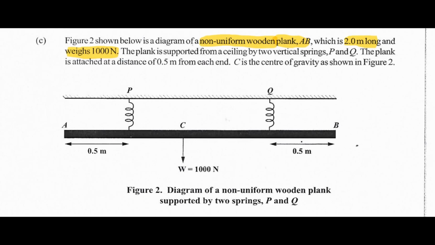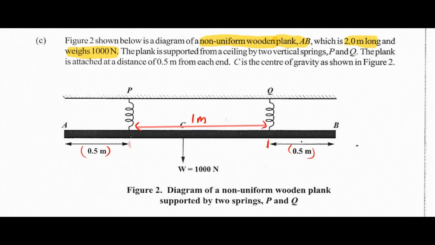Yeah, so that would make here, from here to here, 1 meter, right? That makes sense because 0.5 plus 0.5 here would be equal to 1, and we're told that the total length is 2 meters. So between here would have to be the next 1 meter.